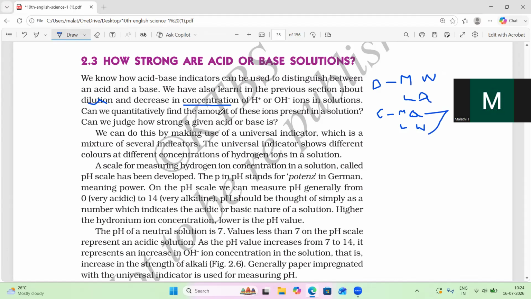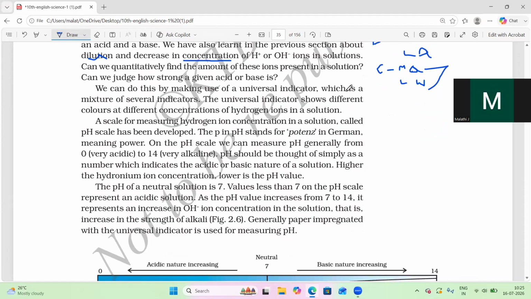Both H plus and OH minus ions will be present, depending on whether it is an acid or a base. Here you have to know about concentrated acidic solution. In an acid, the ion present is H plus. Concentrated means the concentration of H plus ions is more.